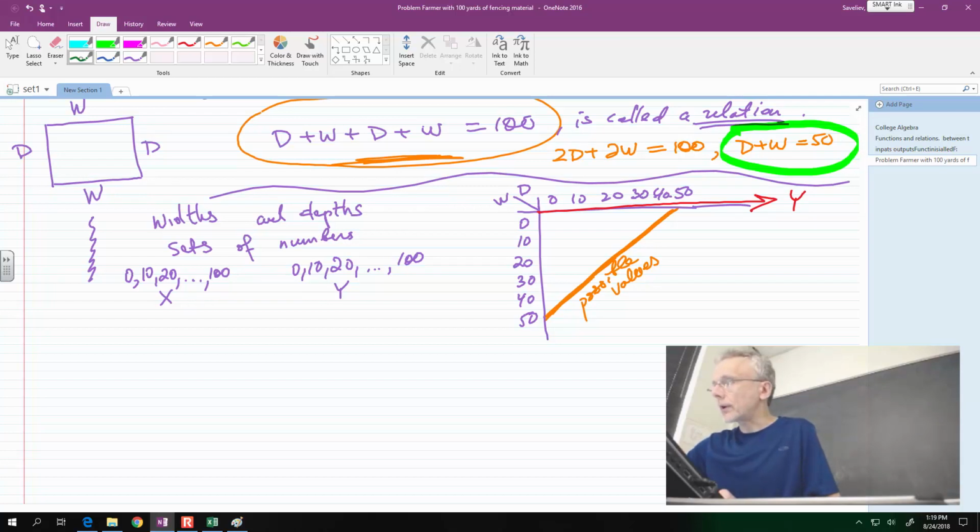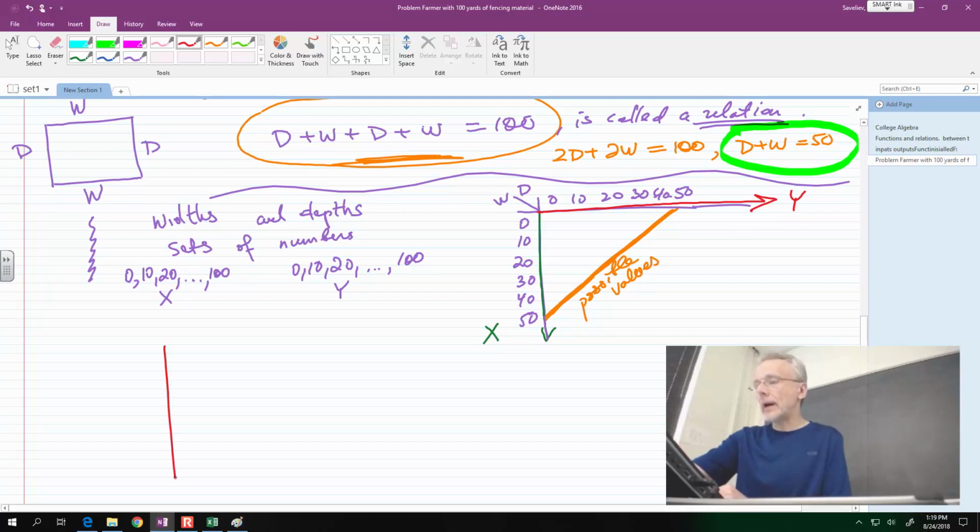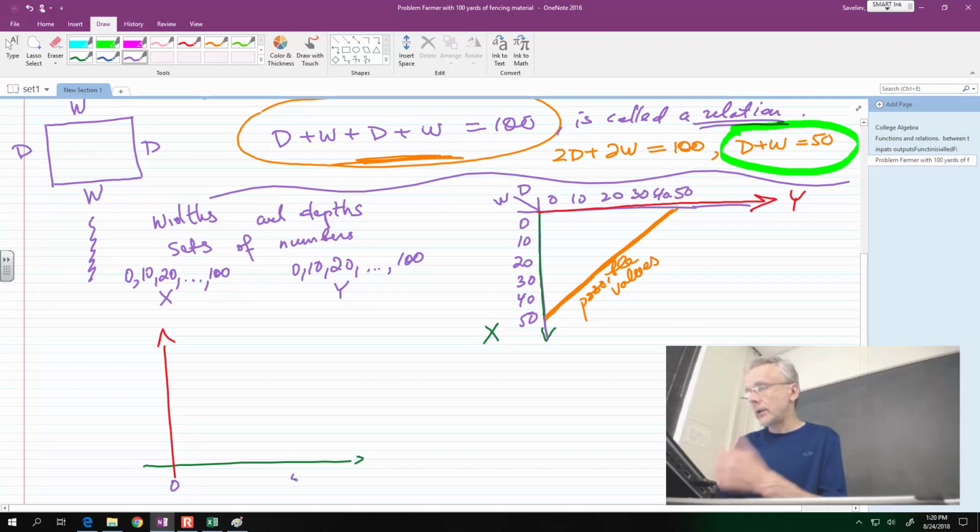Let's call this x, and we put it in the form that we have done previously, and that is we want y to point up, and we want x to point to the right, like this. Okay, and then our numbers run between 0 and 50. Turns out we don't want to go beyond 50.